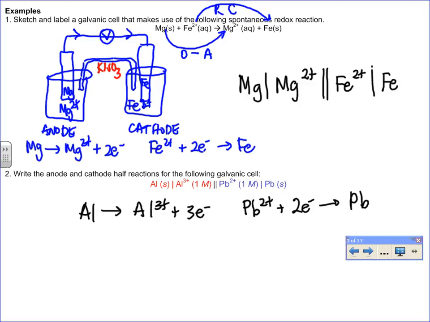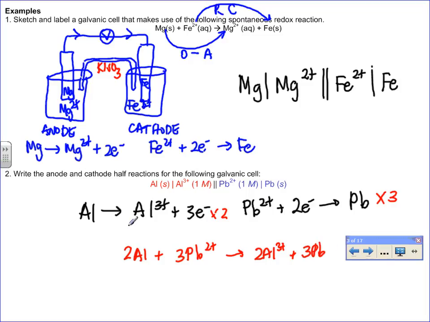If we want to show the overall reaction, we need to make sure that the electrons are balanced. In this case, we'd need to multiply the aluminum reaction by 2 and the lead reaction by 3. And so the overall reaction would be 2Al plus 3Pb2+ goes to 2Al3+ plus 3Pb.